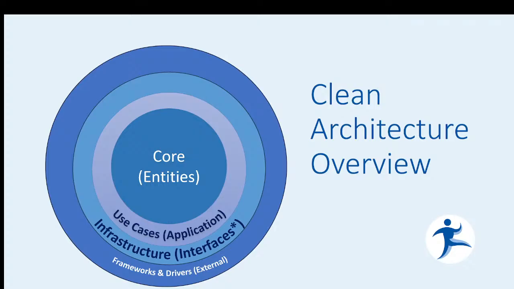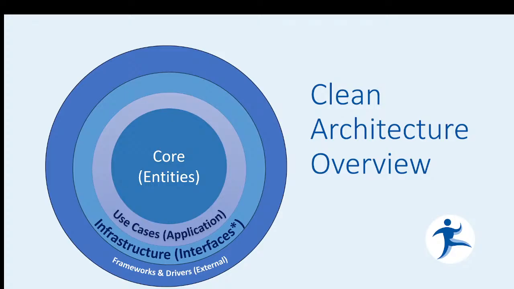And then we have our frameworks and our drivers. And with the frameworks and the drivers, what you're seeing here, so this is the external components. You'll hear me mention web because web is a common demo. But it's not just web, it's any of your UIs that I mentioned earlier. So your APIs, your TUIs, which are your terminal UIs, your web UIs, not just website, but also API. That's another interface as well. So these are the different layers of clean architecture.